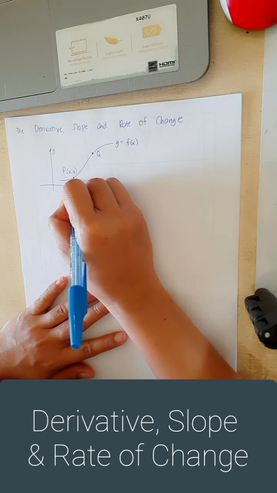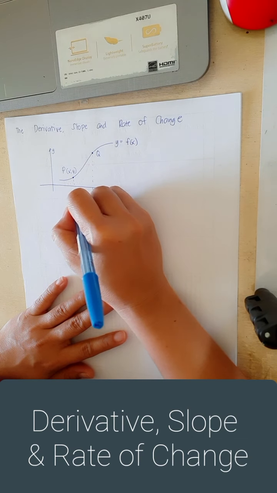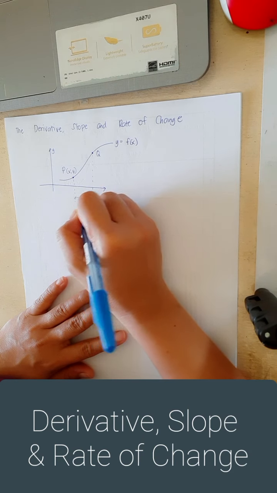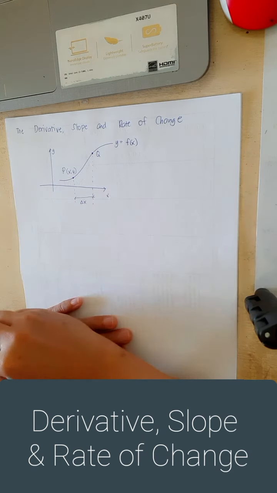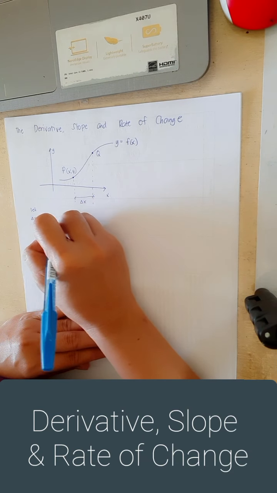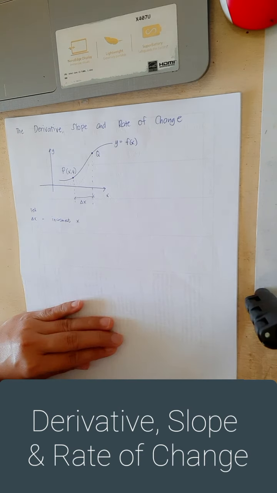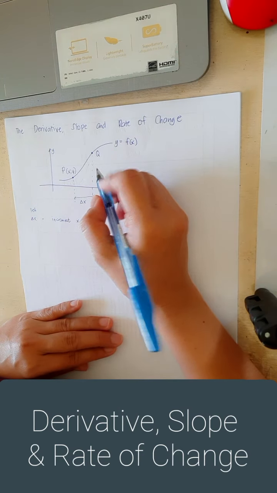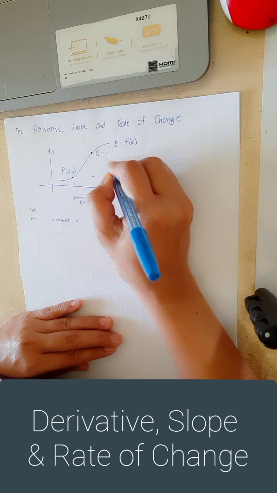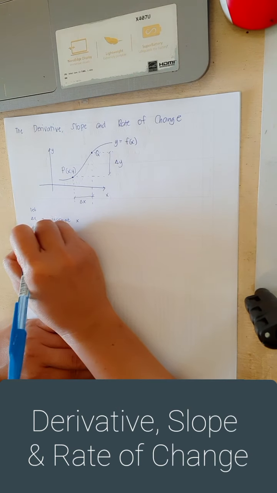So if we are going to denote this, from P going to Q, we will have an increment in x. Let that increment in x be delta x, and at the same time we also have an increment or change in y.